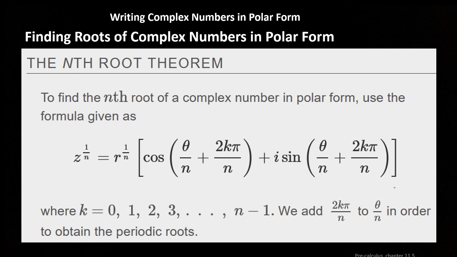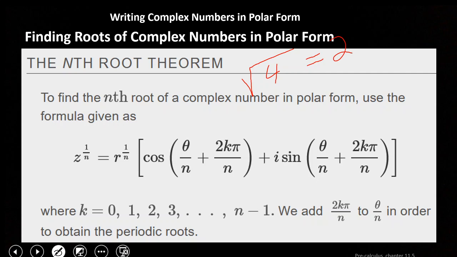Alright, what about the root of a complex number? That was something we didn't even do in algebra. We didn't talk about roots of complex numbers, but now we can do that. So in algebra, when we talk about the square root of 4, for example, that is just 2. But with complex numbers, we're going to assume all the roots.